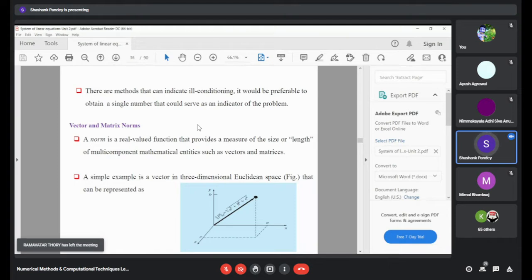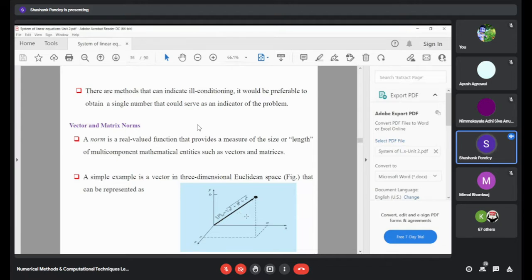A simple example is a vector in three-dimensional Euclidean space that can be represented in this way. If you have a vector a i cap, b j cap, and c k cap, the magnitude is represented by the square root of a square plus b square plus c square.